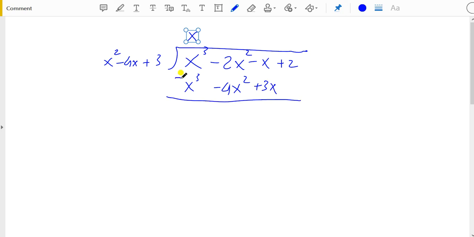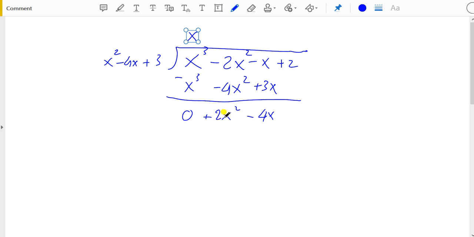Then do the subtraction: that is gone, 0, minus 2 minus 4 becomes plus 4, so plus 4x squared minus 2x squared is 2x squared, and minus 1 minus 3x is minus 4x.